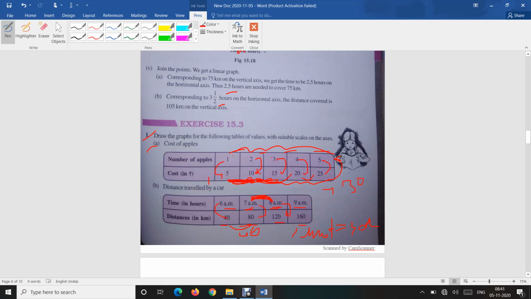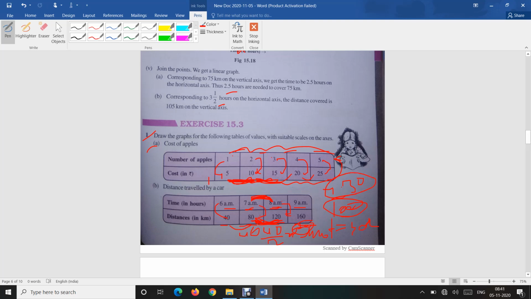That means 7:30. The gap is 40; if you divide this 40 by 2, you get 20. That means 80 plus 20 is 100. So when the car covered a distance of 100 kilometers, the time was 7:30.